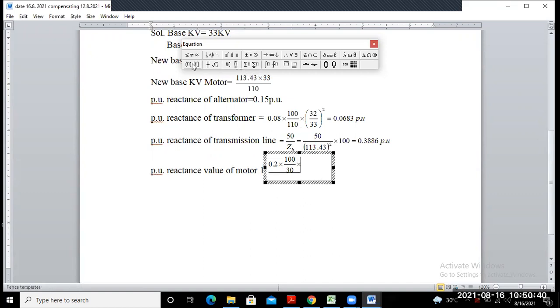Here the kilovolt old is 30 kilovolt, and new you consider as 33, in whole square. If you solve this equation, you will get almost 0.5509.